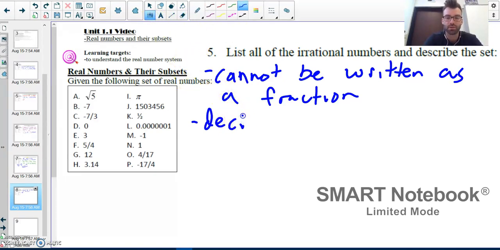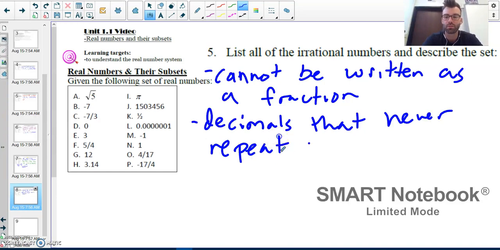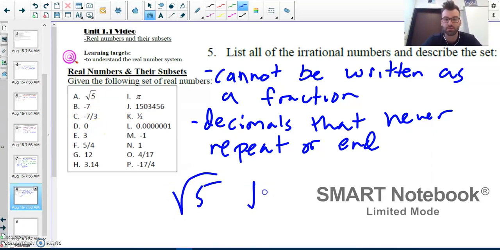You'll have to excuse my spelling and handwriting, it's been a while. Decimals never repeat or end. If you look over here, the only two irrational numbers you're going to see are the square root of 5 and pi. Those are our only two irrational numbers in this set of real numbers.